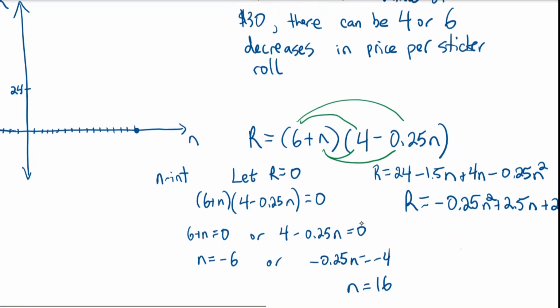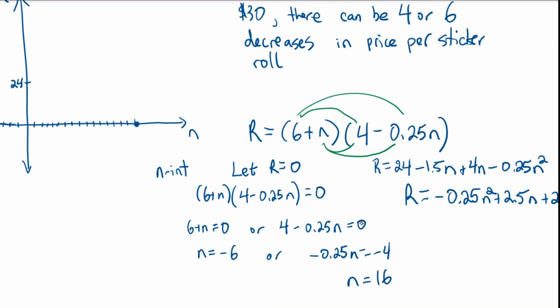Now, my objective here, and why I've kept going, is I want to try and figure out what the maximum revenue is going to be based on how many decreases in price I should go. And what I'm trying to do here, let me just sketch, is figure out where this quadratic gets to its maximum.